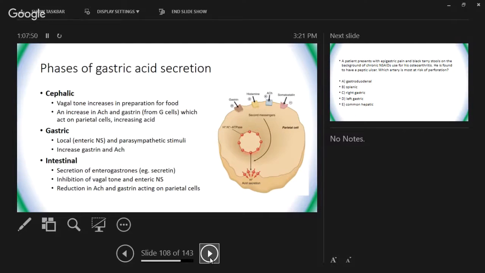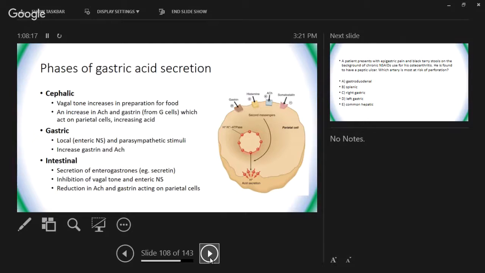So the phases of gastric acid secretion. The cephalic phase is in preparation for food. You get all excited, the vagal tone goes up, and you start making more gastric acid. The gastric phase is when the food's in your stomach and you get the enteric nervous system increasing acetylcholine to make more acid.